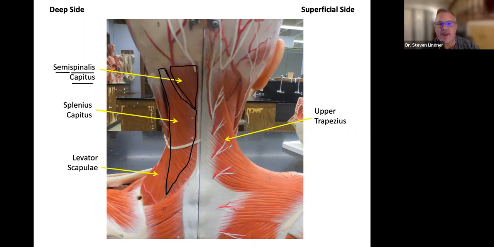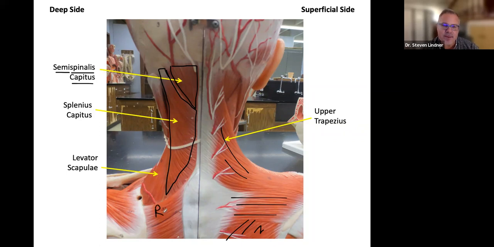Okay, so we have upper traps here, middle trapezius here, lower trapezius here. If we dissect that, we can see the levator scap, splenius capitis, and then the semispinalis capitis.